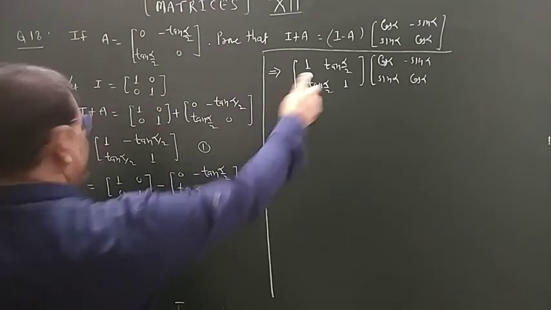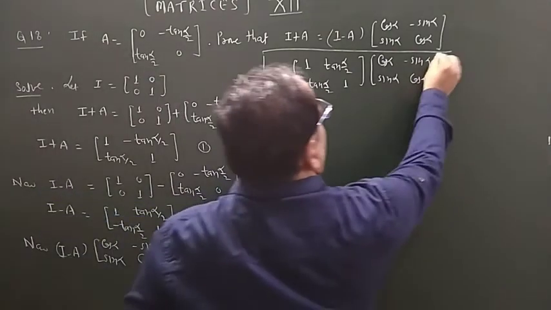I minus A is replaced by this, and this is the same matrix of cos alpha.